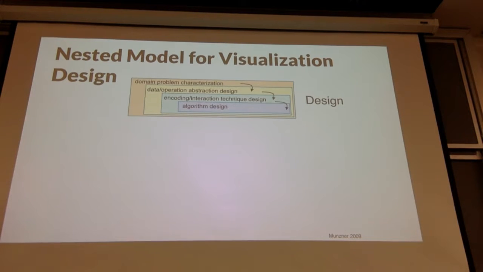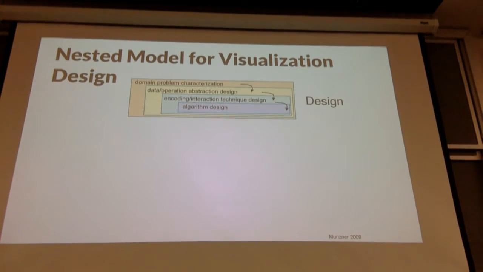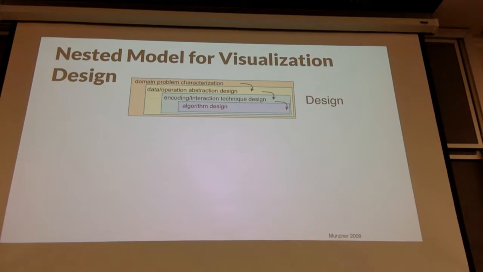But breaking this down into those four stages helps us understand whether we have made the right choices at each of those steps. And ideally, this model contains validation steps before we go downstream, and then validation steps that we can only apply after we've implemented something. So let me see where I have this here.